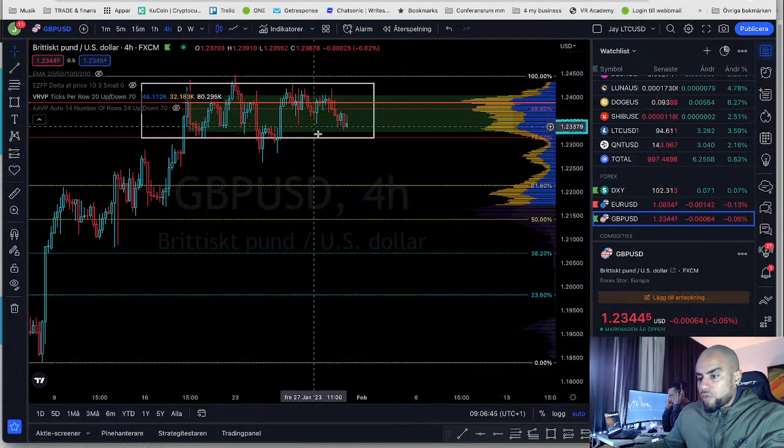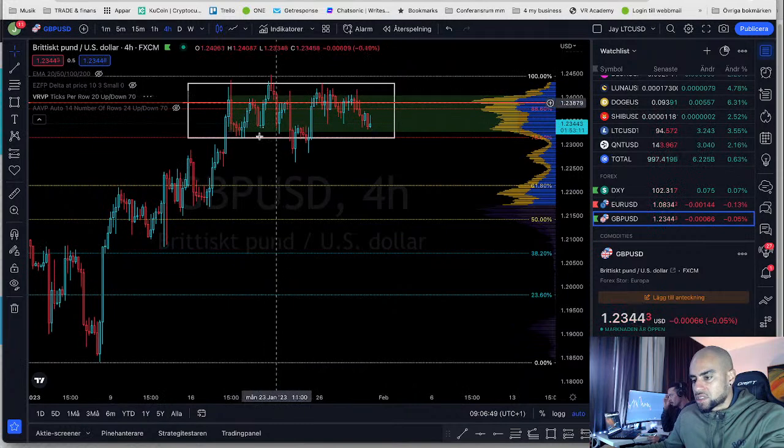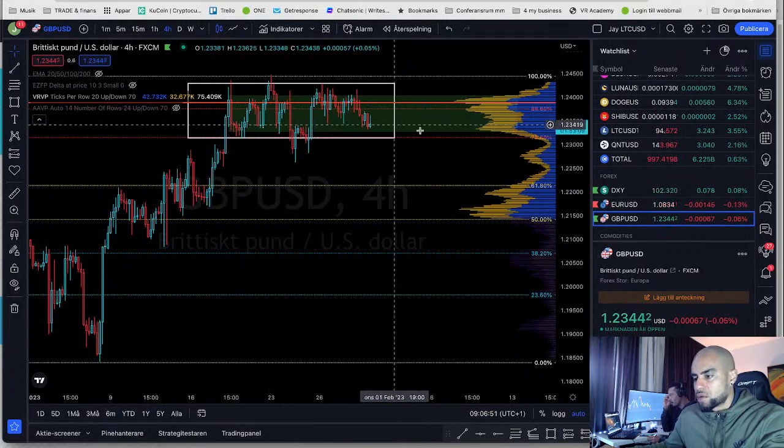This is where we got most of the volume, and you guys see it confluent perfectly with where we got the resistance and the support of this consolidation area.